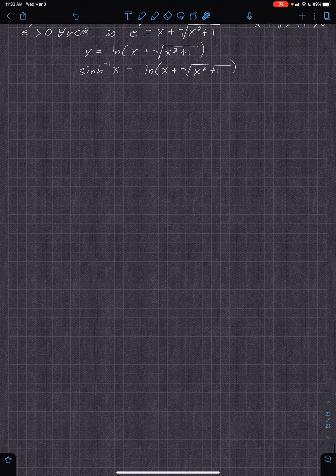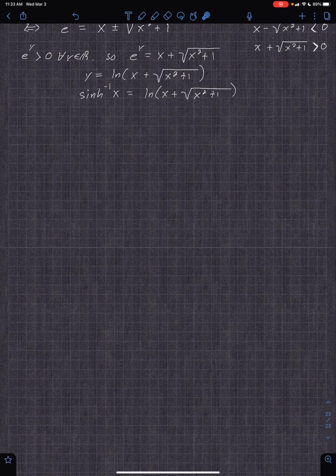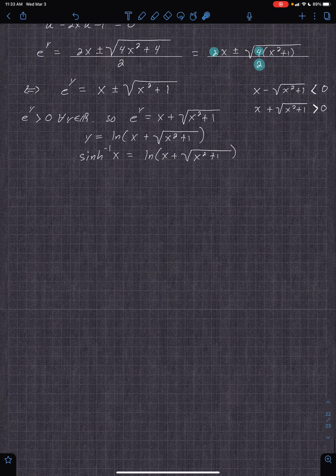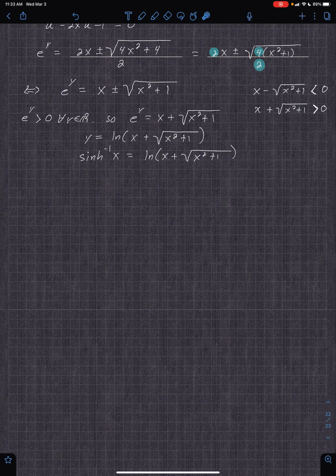Okay. So we want to look then at the derivative of that. So let's see. Let me just write it like this. Derivative of sinh inverse. That's basically what I'm going to do.